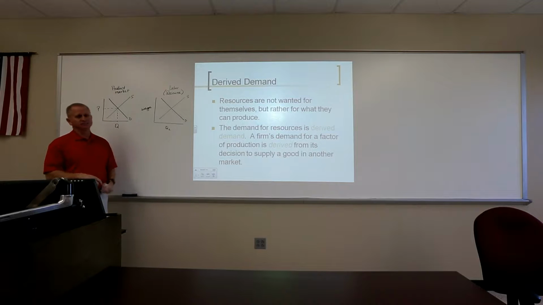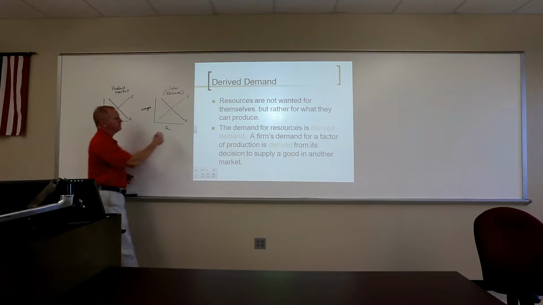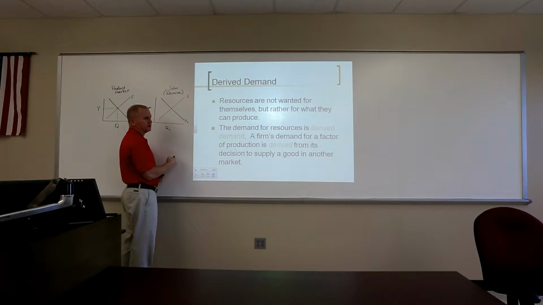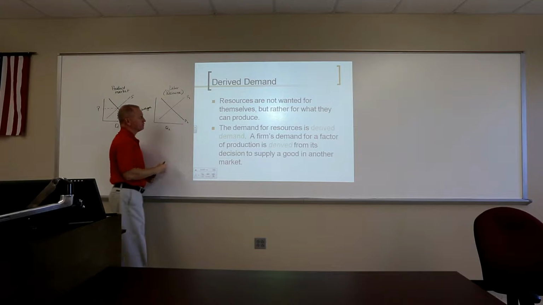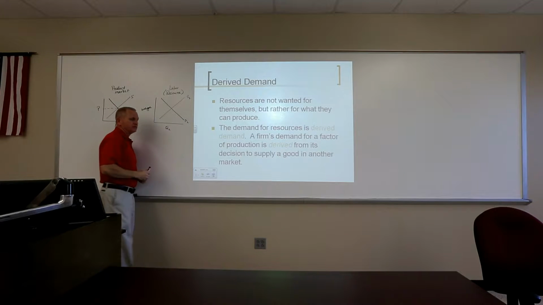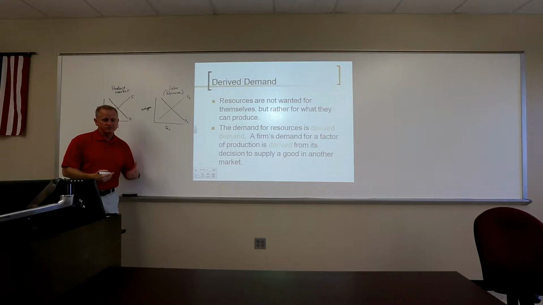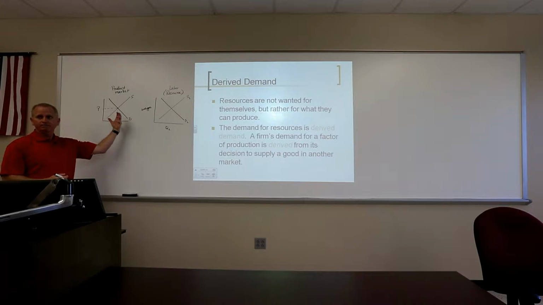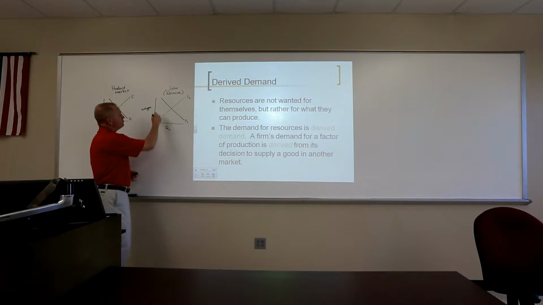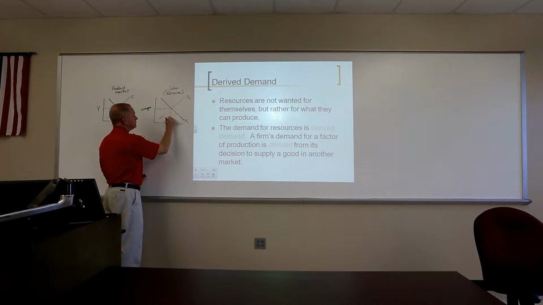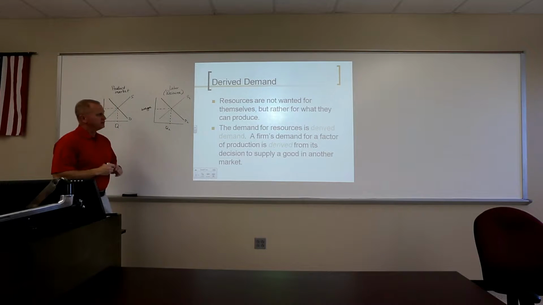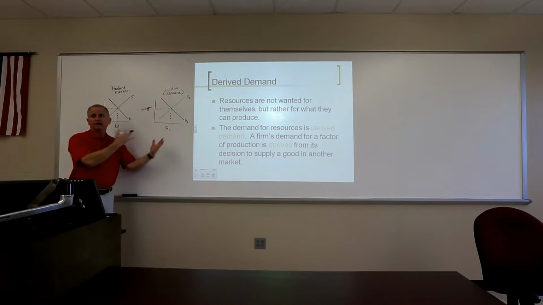But you get the idea that the demand for labor, I'll put a cute little L here too, and then an L there for supply of labor. The demand for labor and the supply of labor is derived from what we sell over here. And the equilibrium wage rate is determined by how they interact with each other.